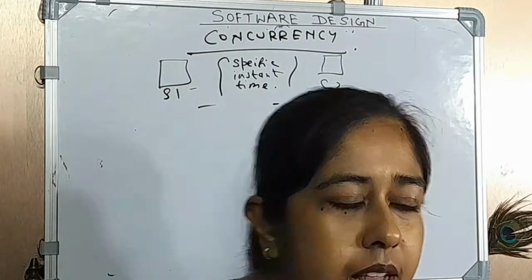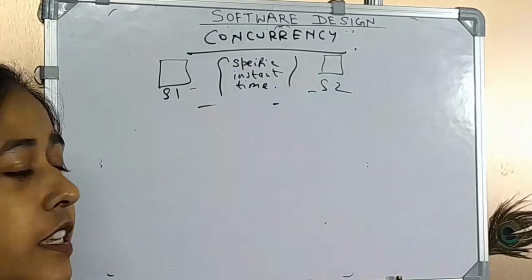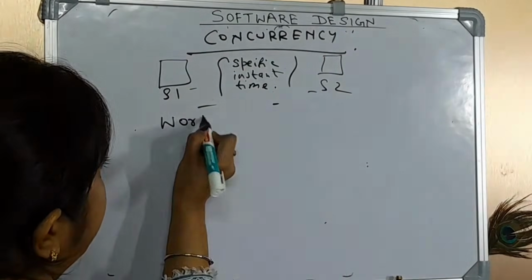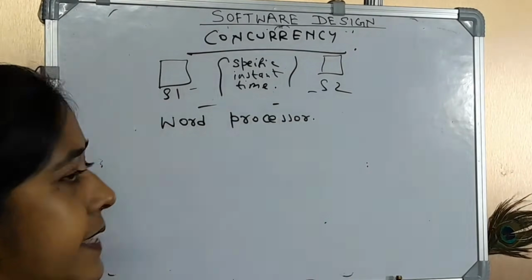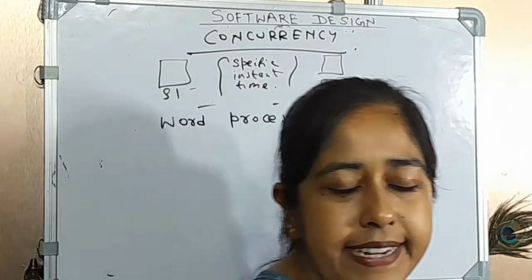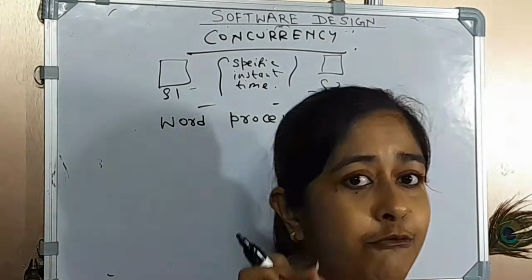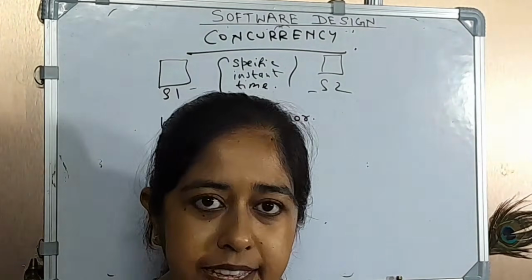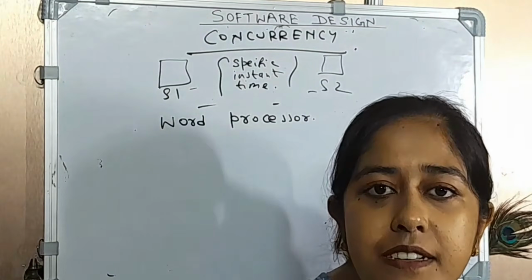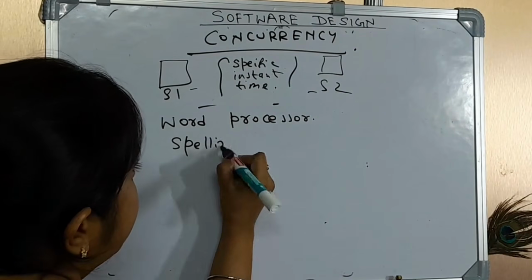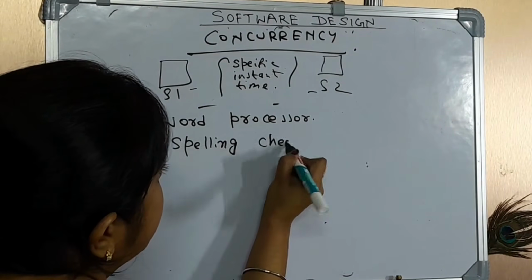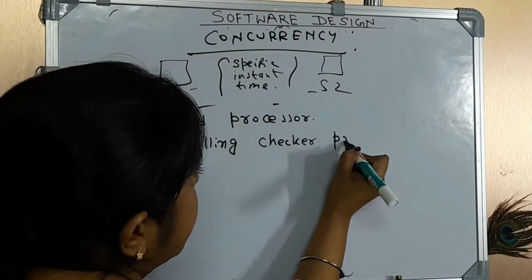Let's take an example. Suppose you are working with a simple word processor. What happens there? Whenever you are writing a word, if you write an incorrect spelling, some spelling checker is there, right? That is your spelling checker processor.